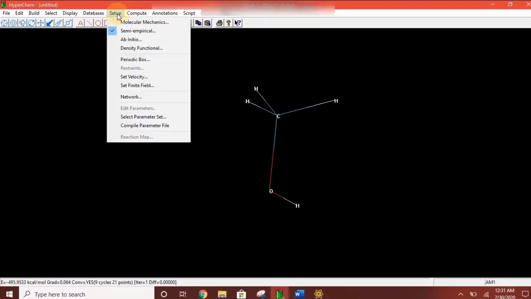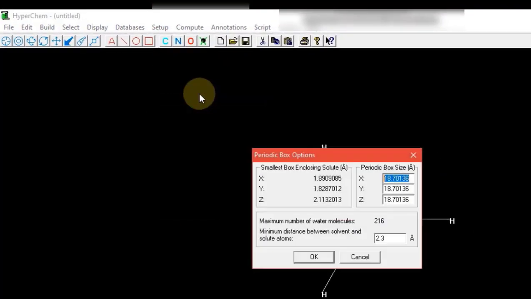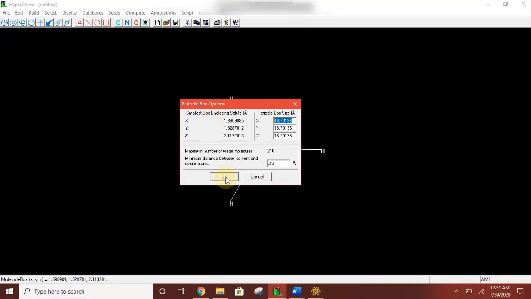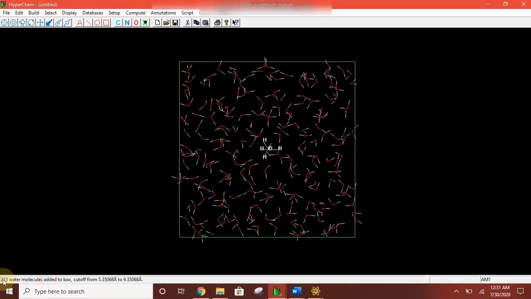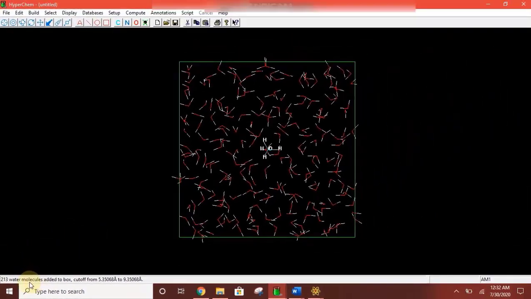Then select the option setup and click on the periodic box option to add the water molecules. Note down the number of water molecules added in the box, which is 230. Note down this number of water molecules added to the methanol. Now calculate the energy.